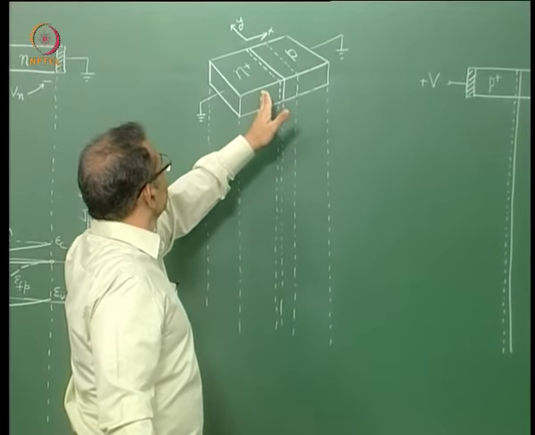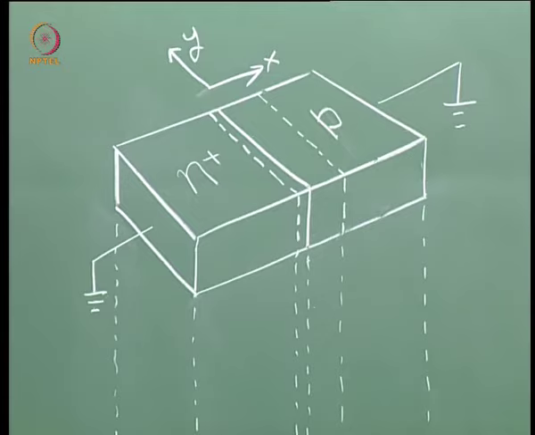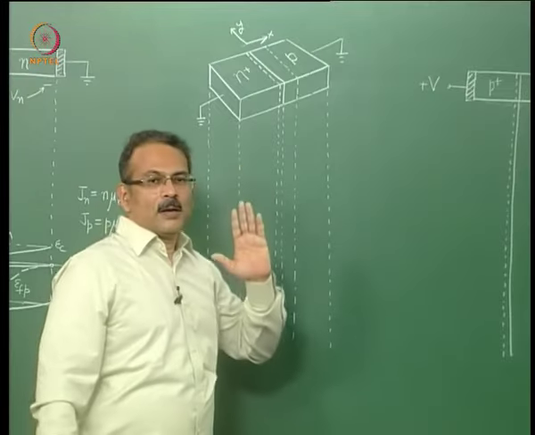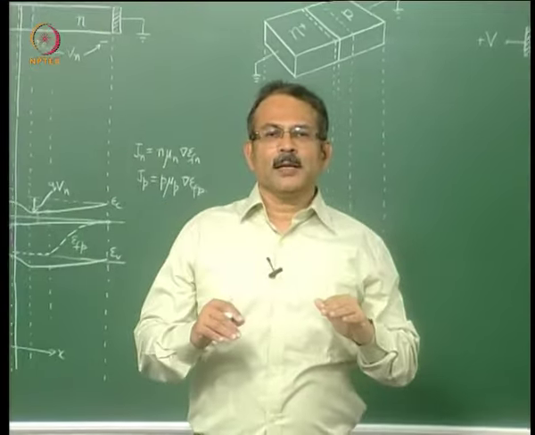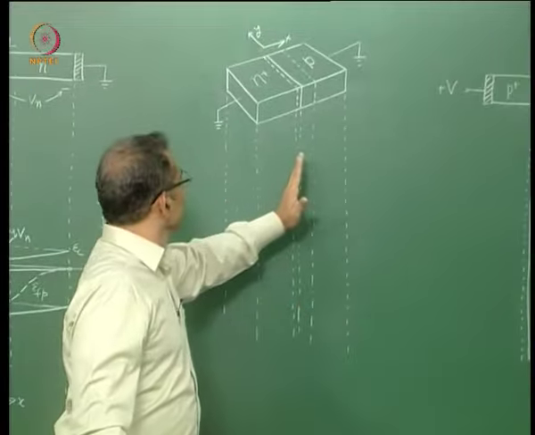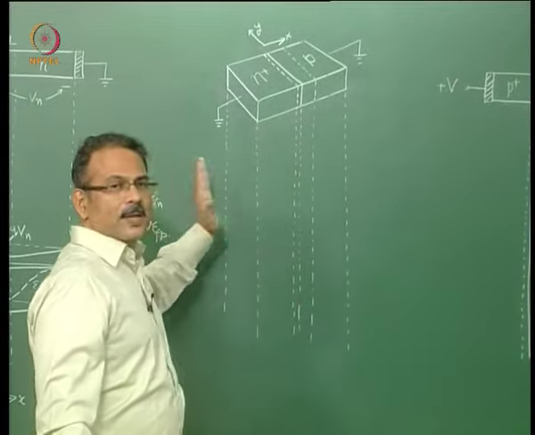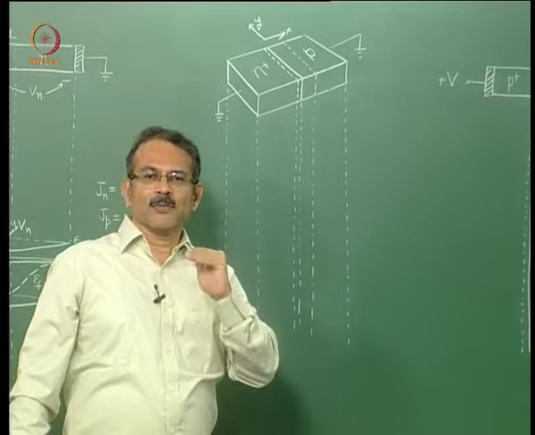Left hand side is heavily doped N type, right hand side is P type. We are assuming the junction is under equilibrium. So the starting point would be the Fermi surface. We have already identified the space charge and neutral regions. Okay. So the Fermi level is now a Fermi surface.